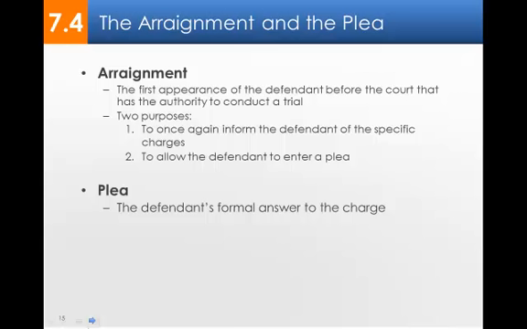Nolo contendere means no contest. It's essentially a plea of guilty in a criminal court, but in any subsequent civil suit, you still must prove all the facts.